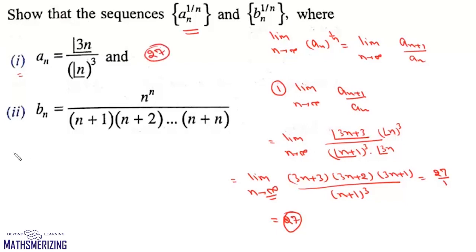Now again for the second one, we can write this as the limit as n tends to infinity of bn plus 1 upon bn.